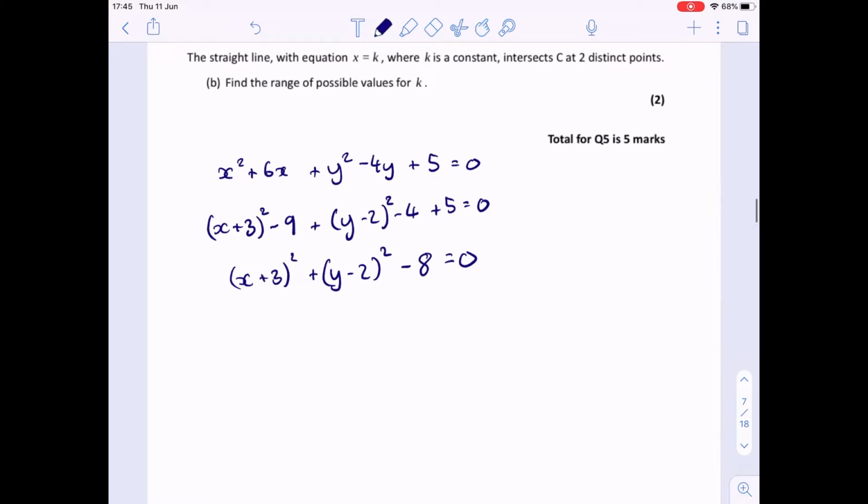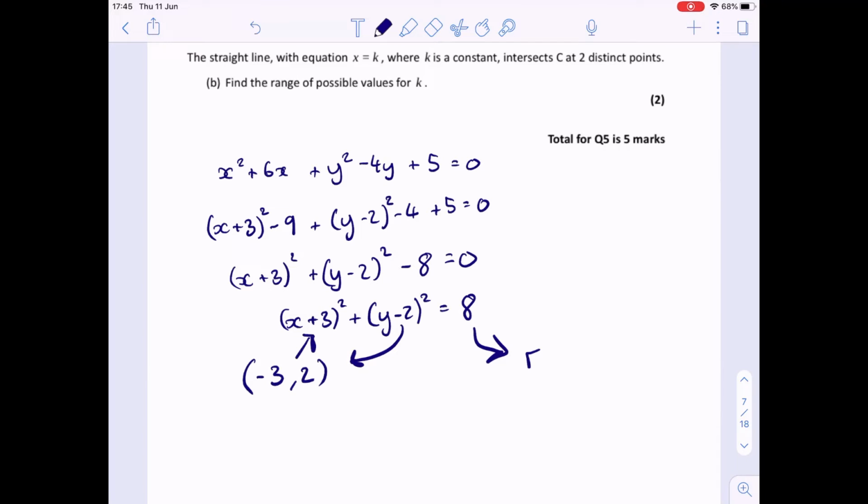It's not quite in the form I need it, so if I add 8 to both sides, I can now read off my centre is going to be at -3, 2, and my radius squared is 8. So r is going to be the square root of 8.